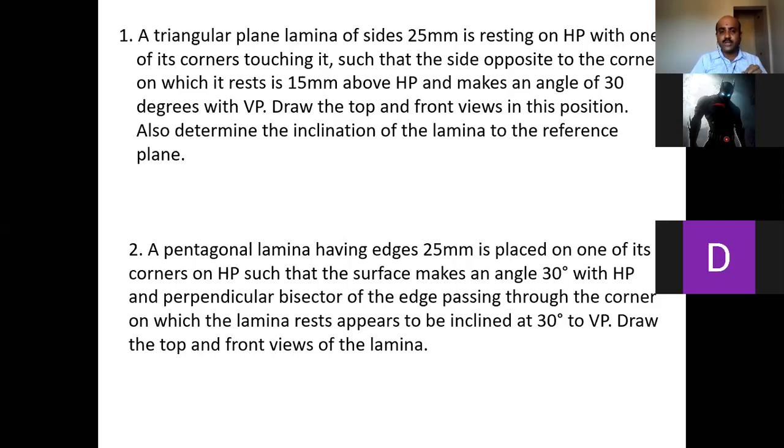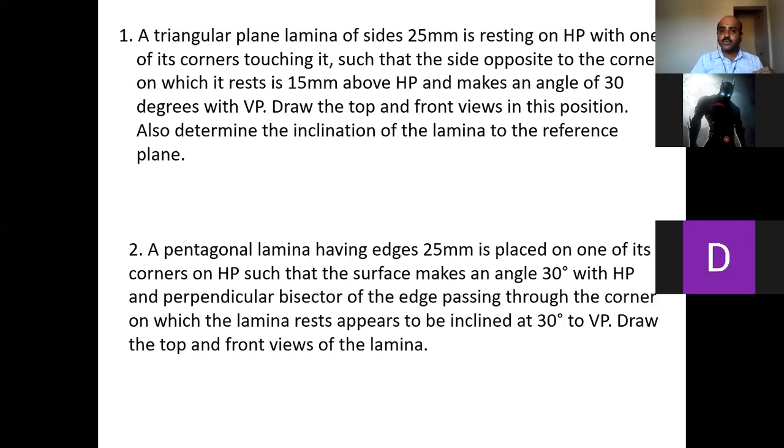And the fourth important thing is the inclination with respect to HP. When you look at this problem statement, the side opposite to the corner on which it rests is 15 millimeters above HP. This is another type of giving data with respect to the inclination with respect to HP.